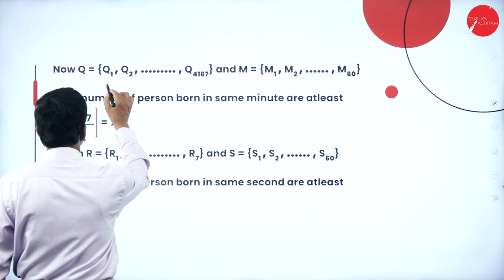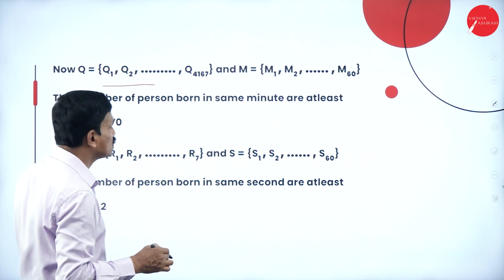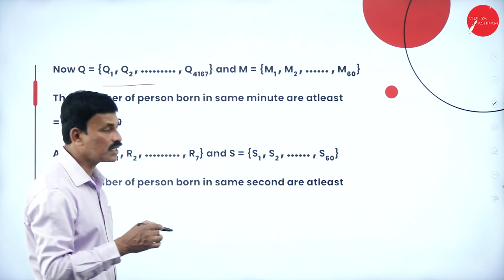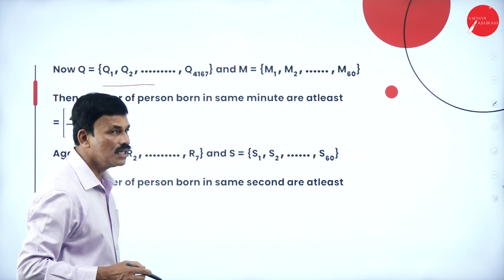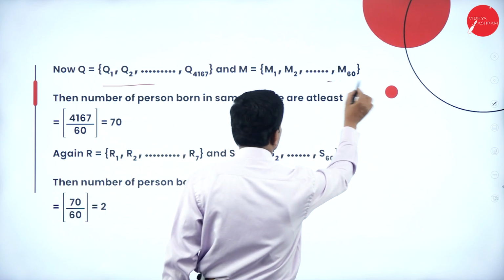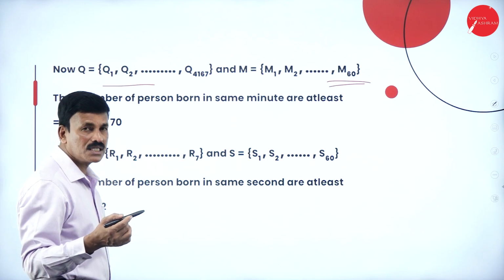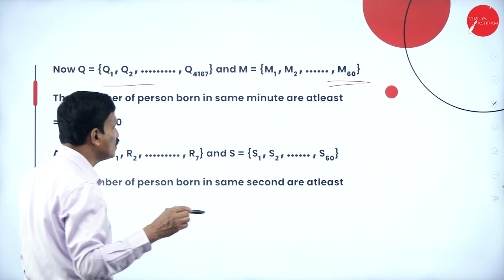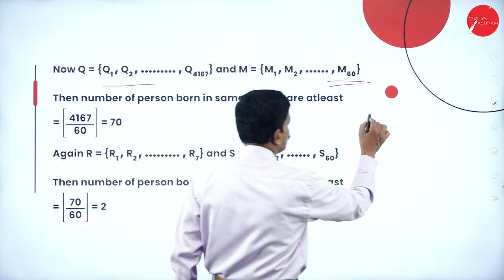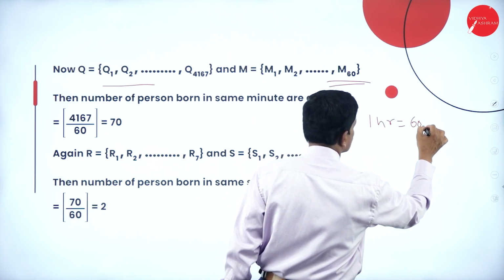Now if Q1, Q2, and so on, the number of people born per hour are 4167, and M1, M2, and so on, per minute. So per hour how many minutes? 1 hour is equal to 60 minutes.